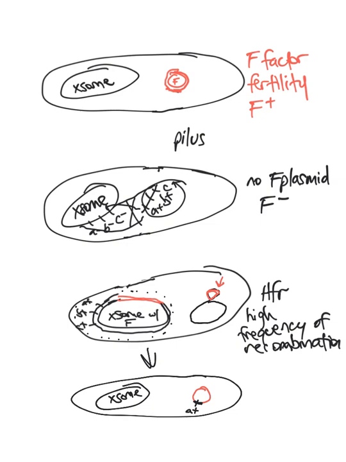Okay, this now is called an F' cell because it has the F factor outside of the chromosome, and it also has a little bit of the bacterial chromosome included in that plasmid. Okay? So these are some different terms that you'll need to know when we talk about conjugation.